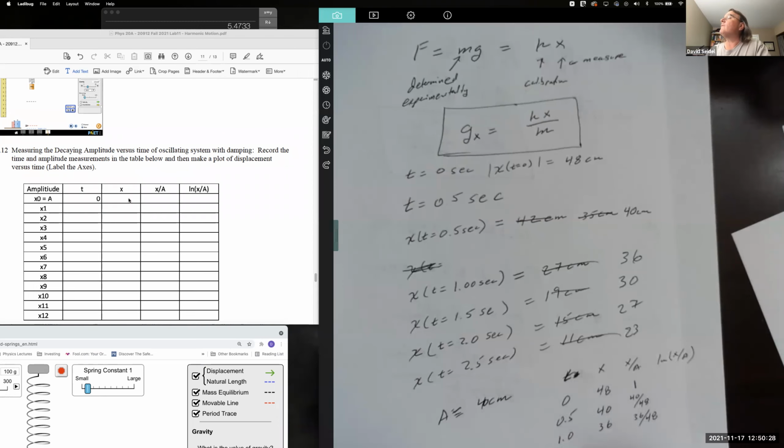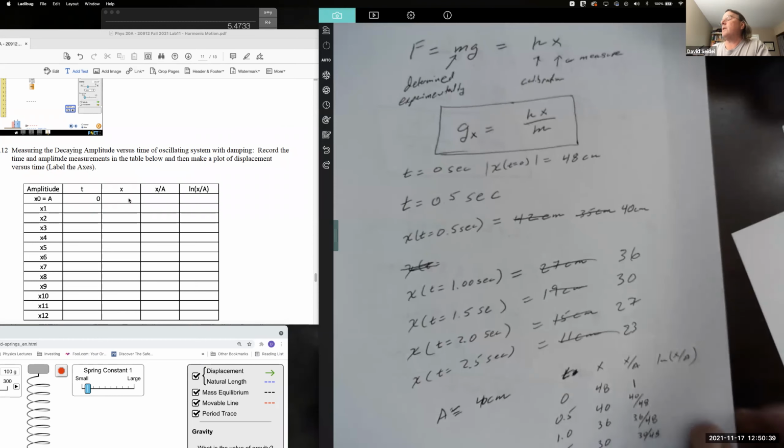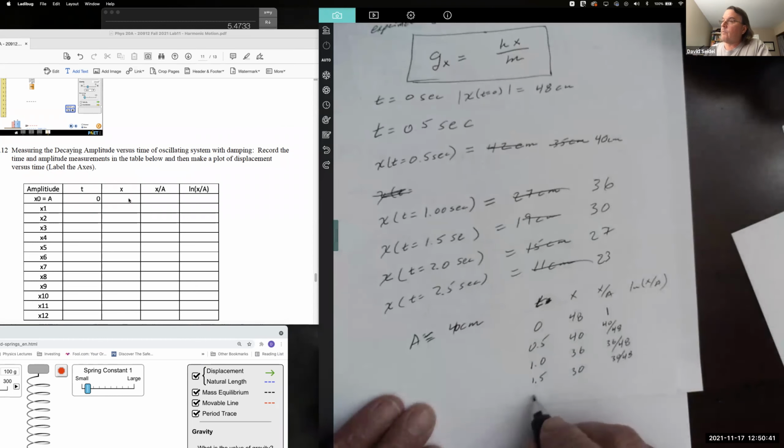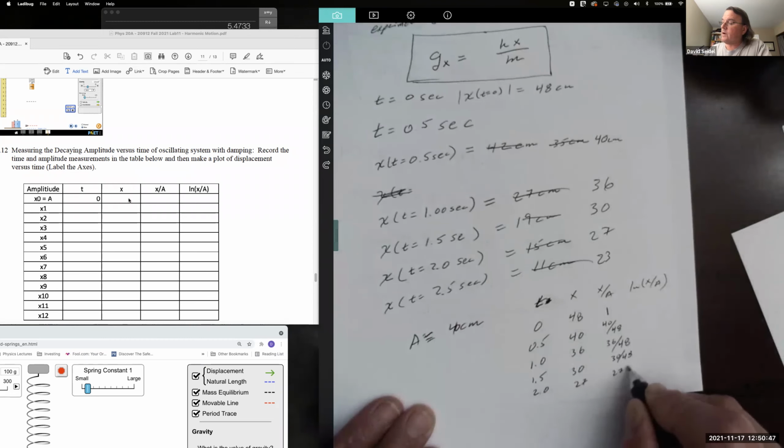At 1.5, we had 30, 30 over 48. And these numbers don't seem like they're right. Remember, don't trust my numbers. Do your own numbers. At 2, it's 27, 27 over 48.